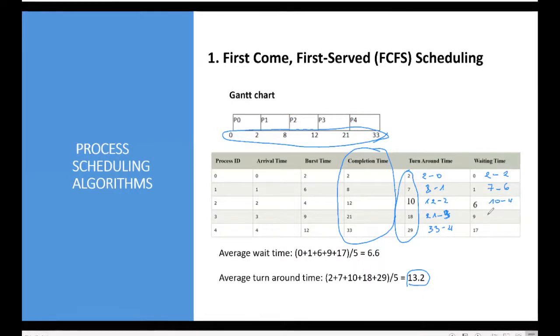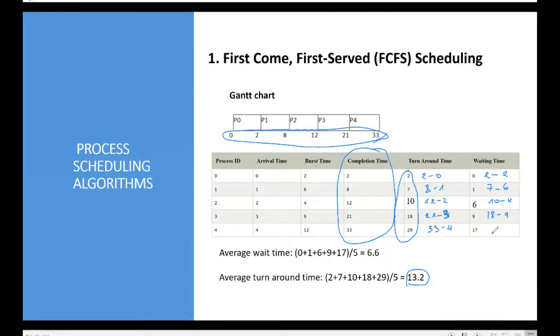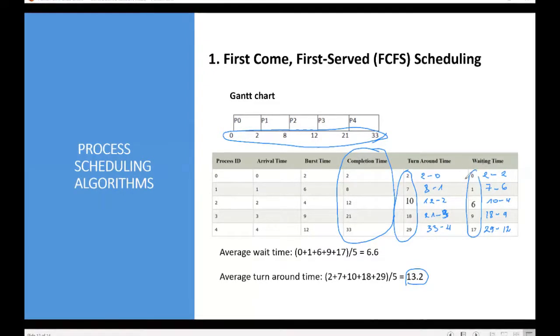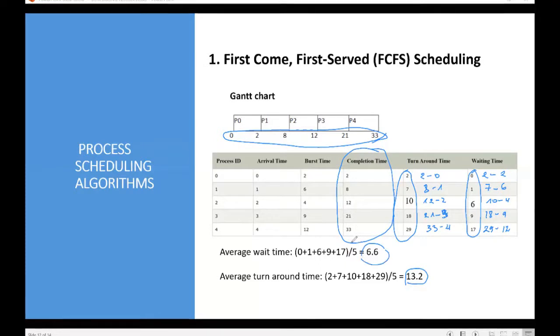Then here we have 18, then we subtract 9. Then here it's 29 minus 12. So then we have our wait time, and you can calculate the average wait time, and we found that each process will wait at least 6.6 milliseconds.